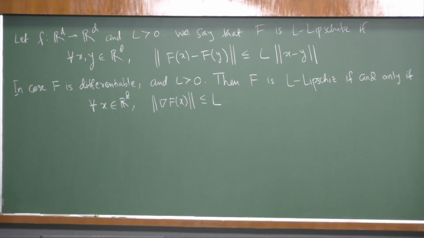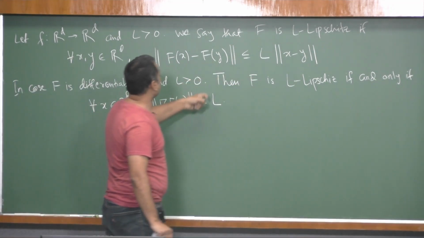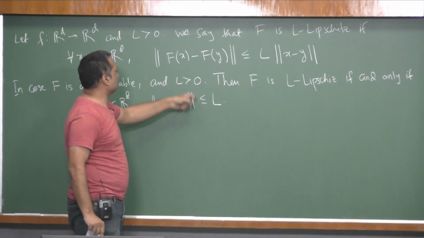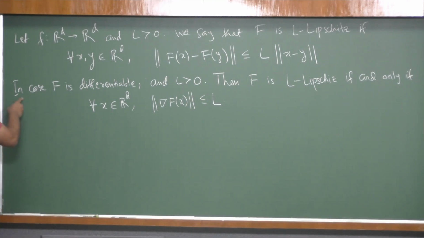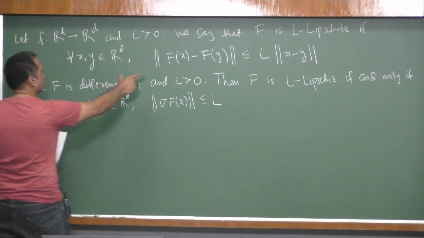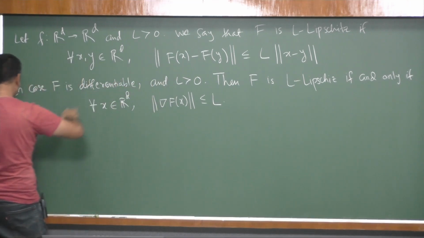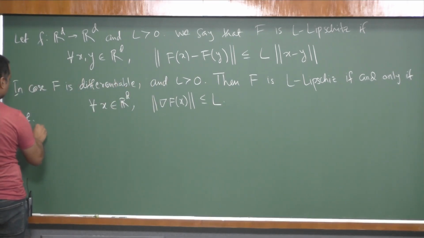So we can prove this statement, that this implies this and this implies this as well, if f is differentiable. So if you want to prove this one, let us assume that f is Lipschitz by the original definition. So let us prove the forward implication.